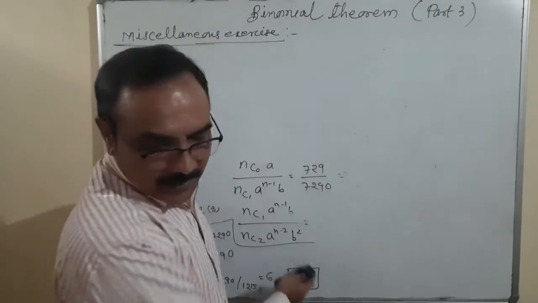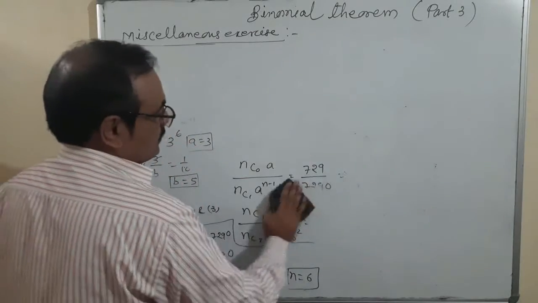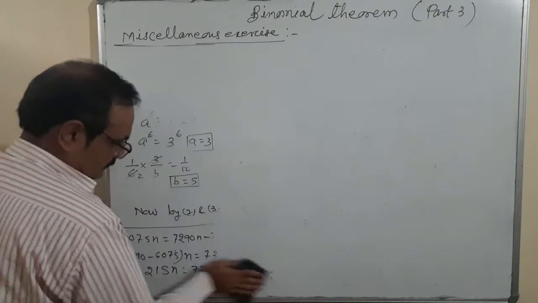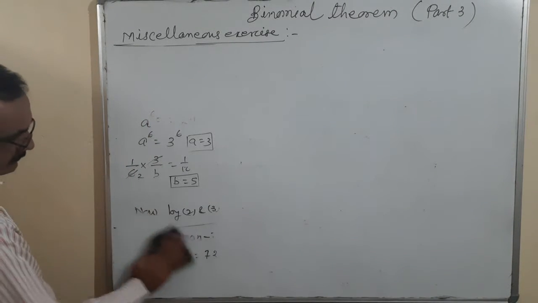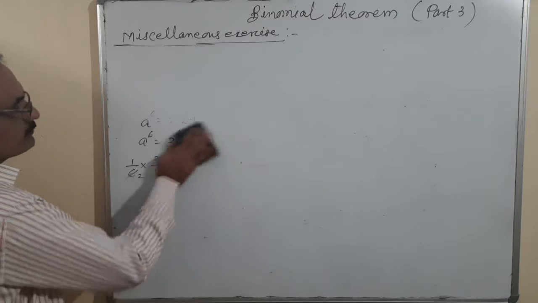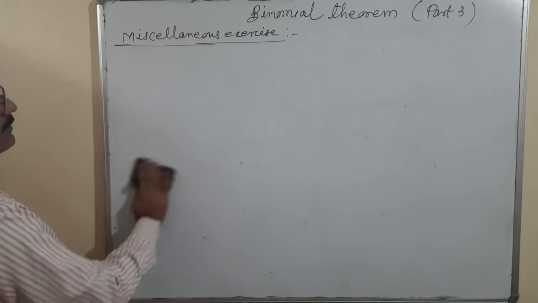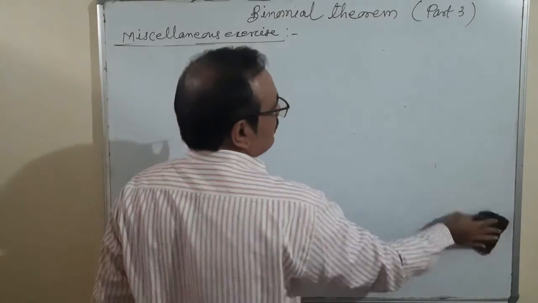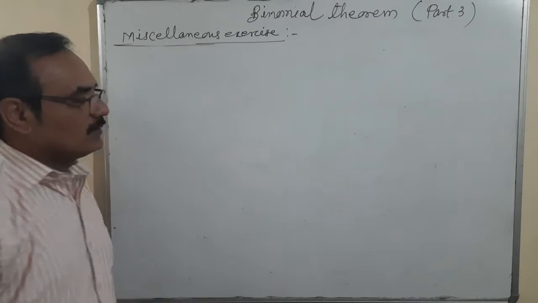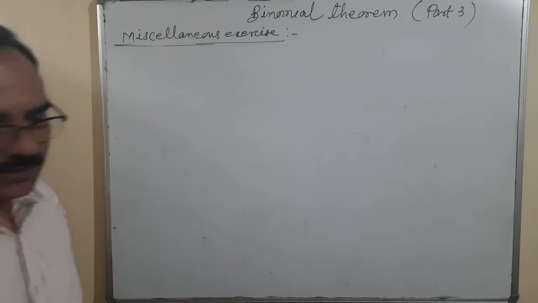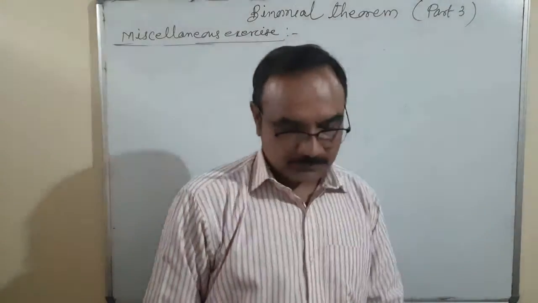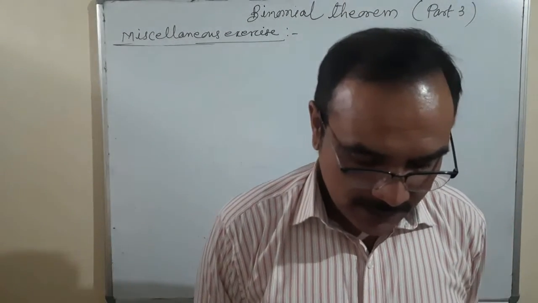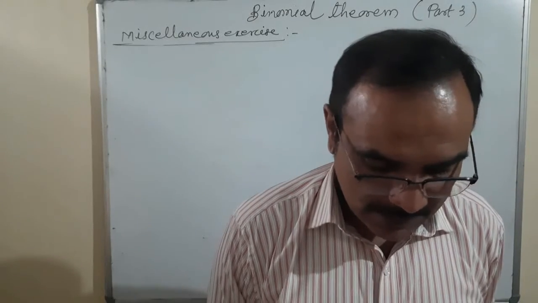Now next question I am taking, question number 2 or 3, let us see. Next question number 2: find a if the coefficient of x square and x cube in the expansion of this are equal.